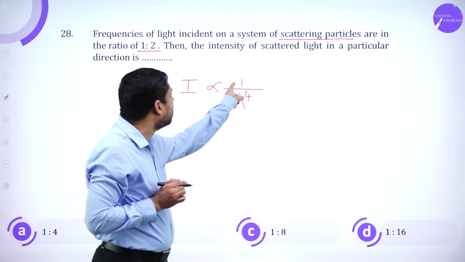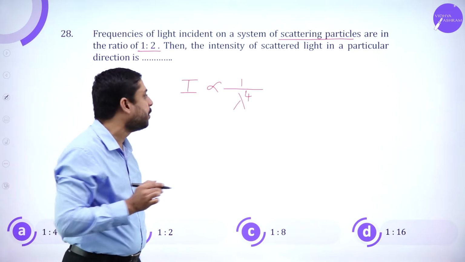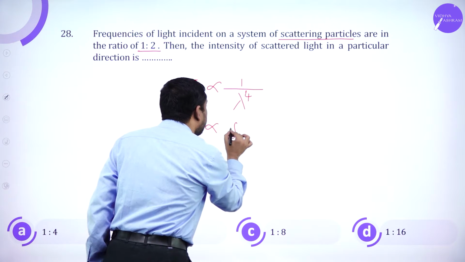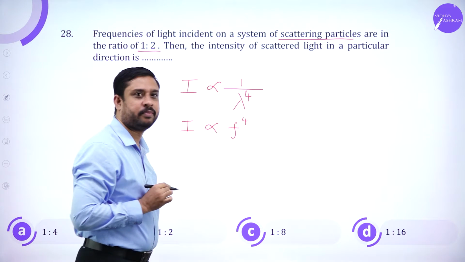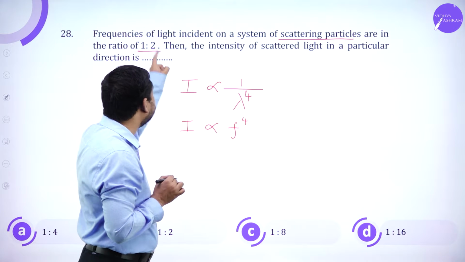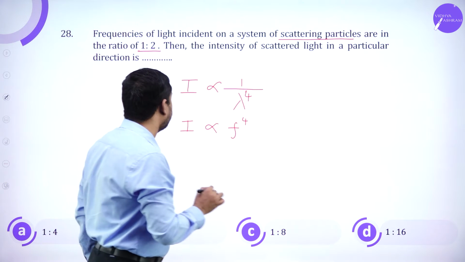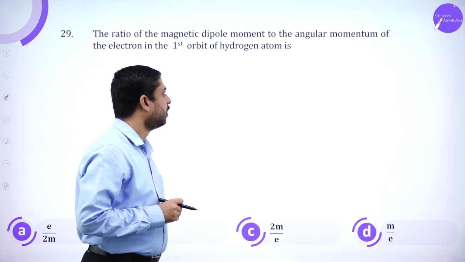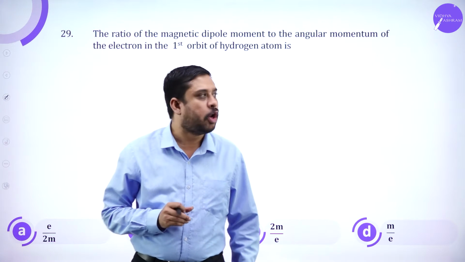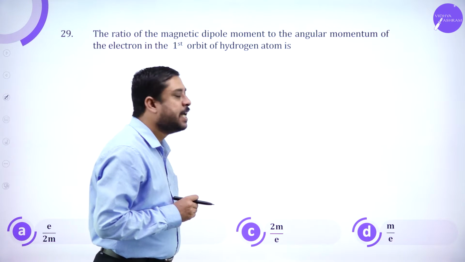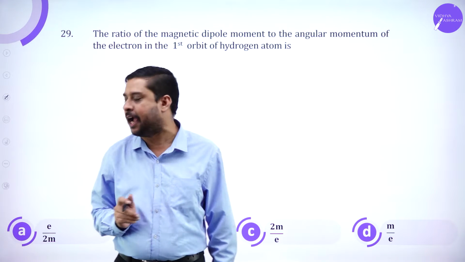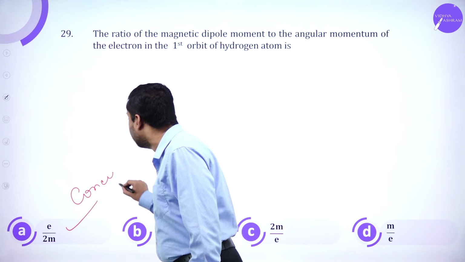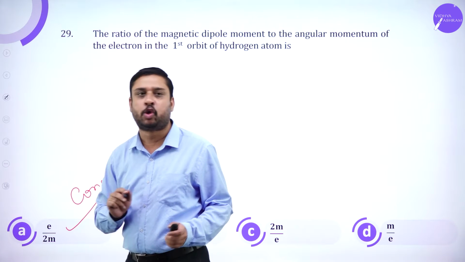I proportional to 1 by lambda to the power 4, or I proportional to f to the power 4. So 1:2, so the answer is to be 1:16. This is an assignment. Angular momentum of the electron in the first orbit of the hydrogen atom. It is a conceptual question. So it has to be h by 2 pi.